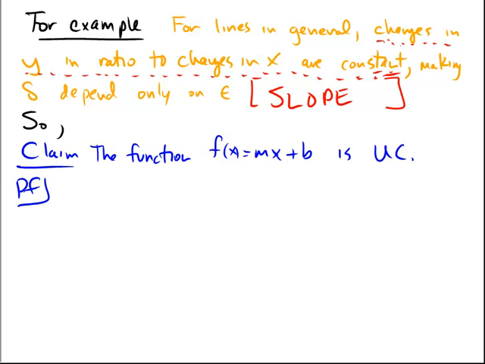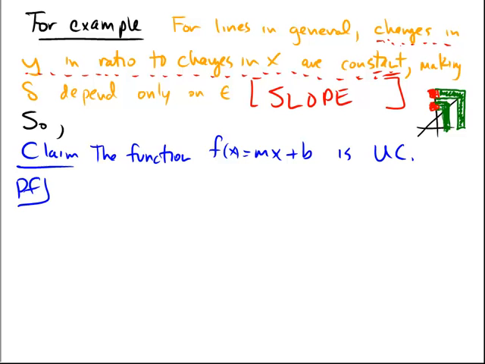So in that case, the delta would only depend on the epsilon, because if we draw a quick sketch with a line, no matter how big or where we put our epsilon window, if we put it up here or over here, then as we come over to the function, if the windows have the same width along the y-axis, the windows down here would also be the same size, at least approximately, within the accuracy of the artist here.